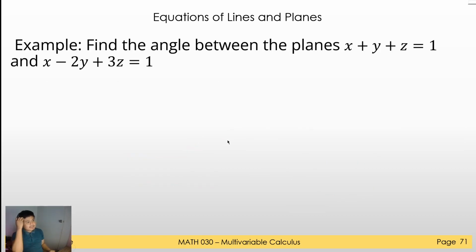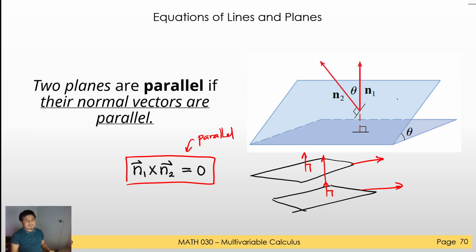So let's solve this one. Find the angle between the planes x plus y plus z is equal to 1 and x minus 2y plus 3z is equal to 1. How do we find the angle? Based on what was visualized before, the angle between these two orthogonal vectors is the same as the angle between these two planes.